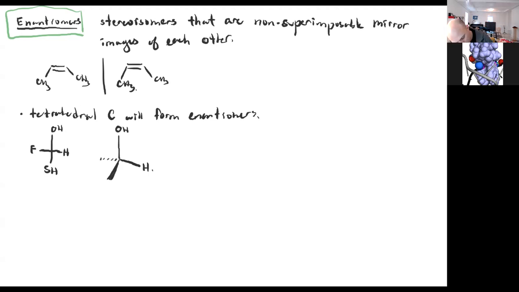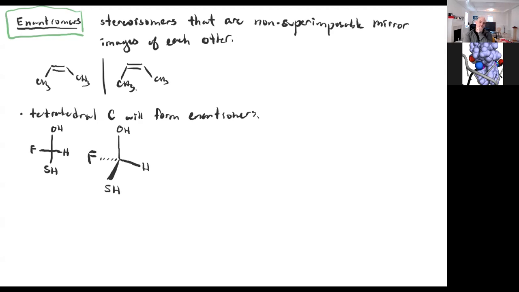And so let me just back into this slowly. I'll draw it as a tetrahedron, and then I need to pencil in the substituents. And the question is, where do the substituents go? And the drawing on the left gives me no indication of where I should put anything. So it's arbitrary. So what I'll do is I'll put the OH up here just so it looks close, put the H here, put the SH here, and then the F back there, okay?